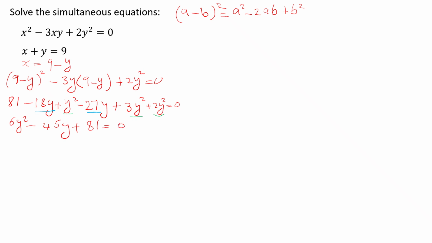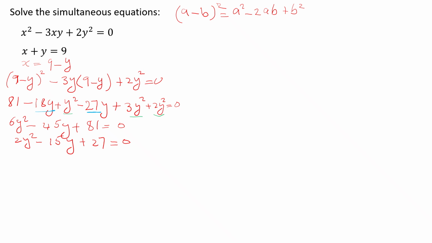Now you can divide this equation by 3, so it's easier to factorize. If you divide by 3, 2y squared minus 15y plus 27 equals 0.